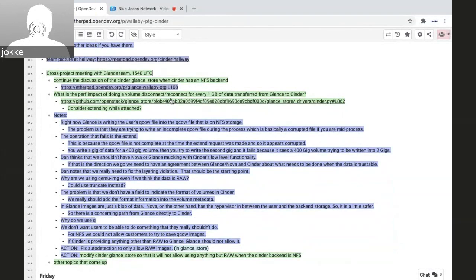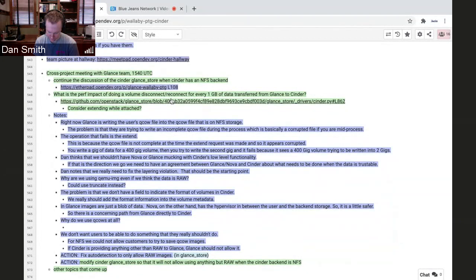Aha. I still stick to my pristine argument that the performance of double wrapping doesn't matter for storing Glance payloads in the back end.